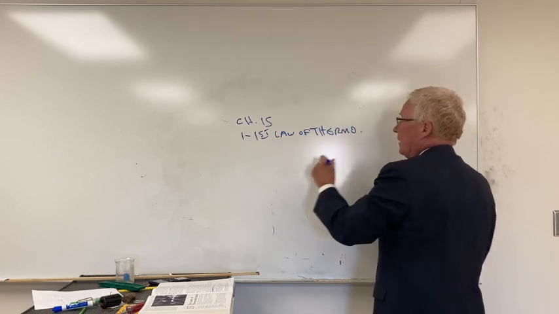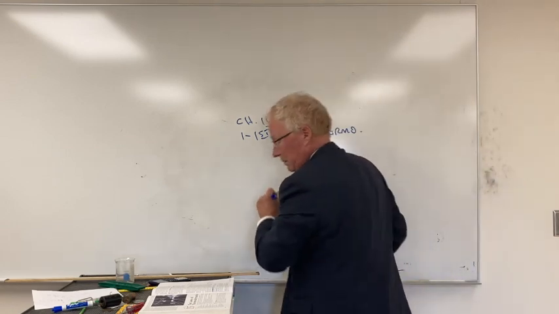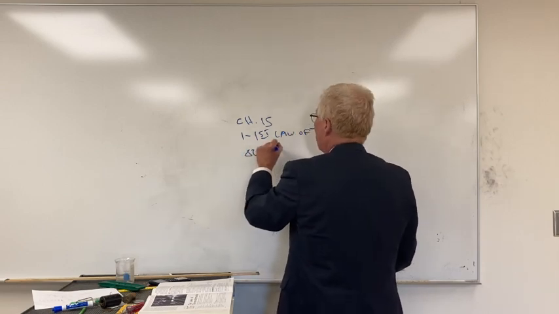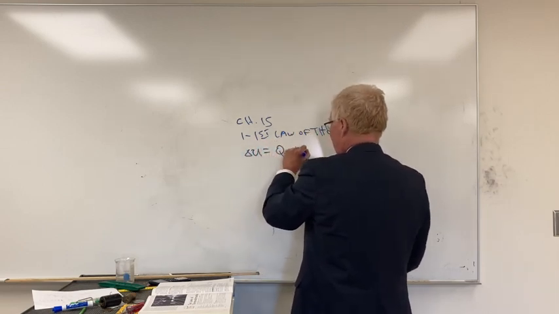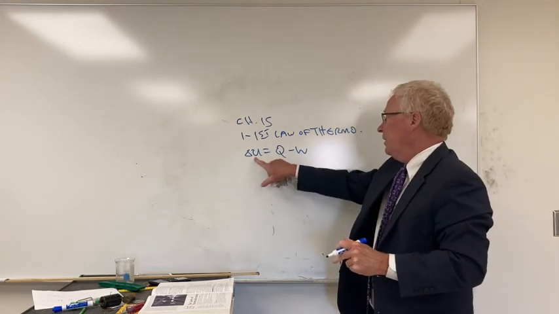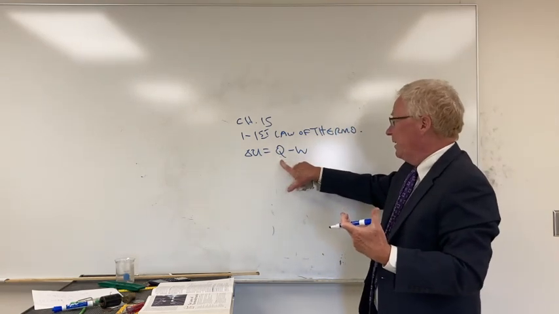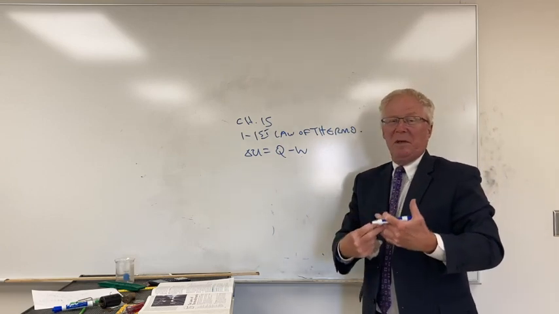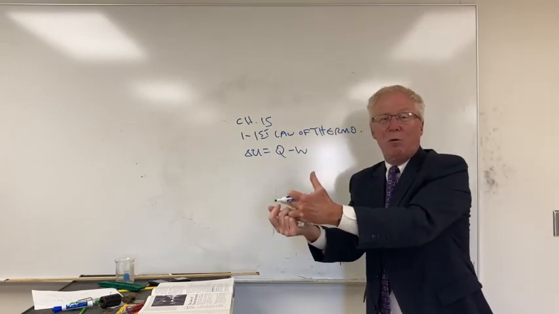I'm just going to put down that delta U is Q minus W, and that's the internal energy. Q is the heat added, and W is the work done by the system. Work done means it actually has to physically move something.